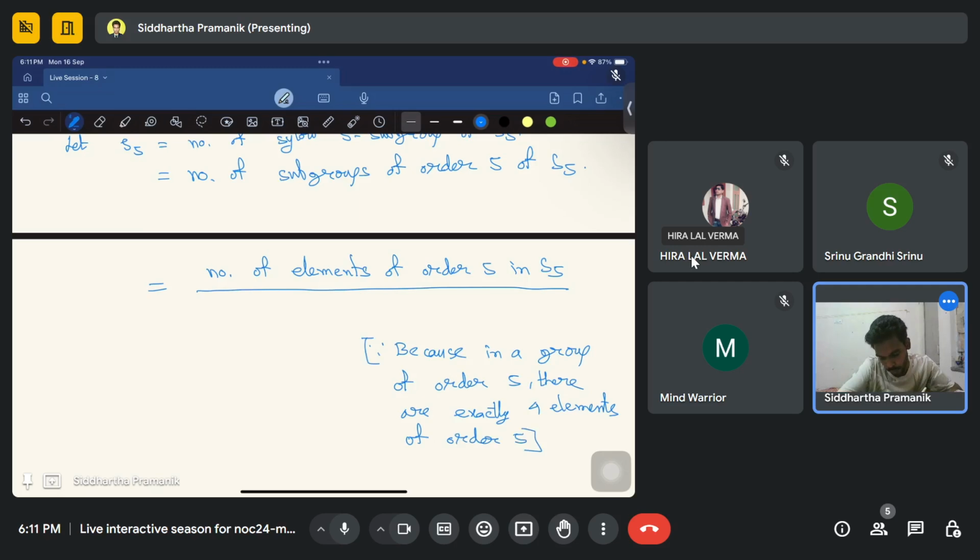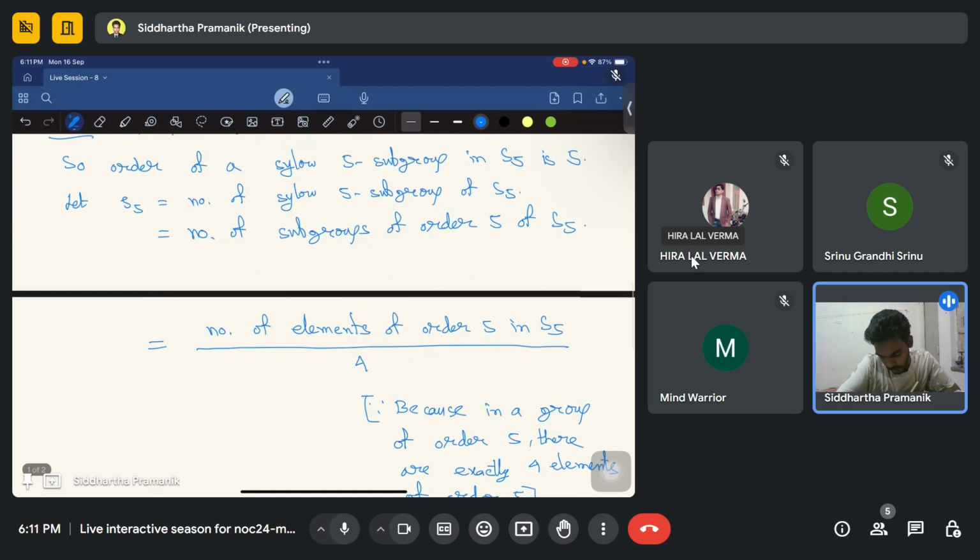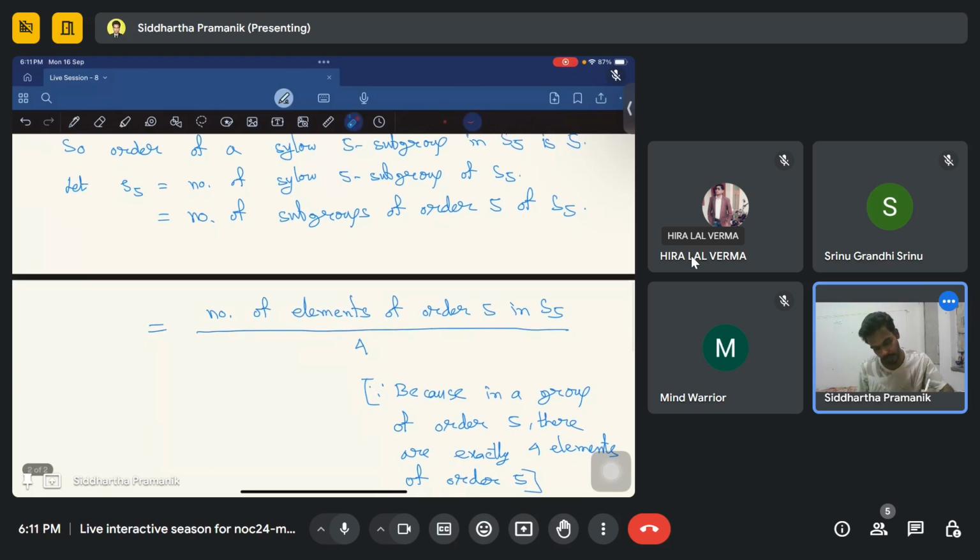So we can find the total number of elements of order 5, and if we divide it by 4, then we will get the total number of subgroups of order 5. So we just need to find this number.